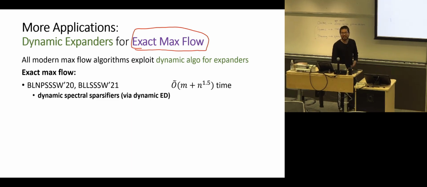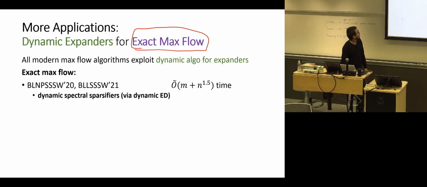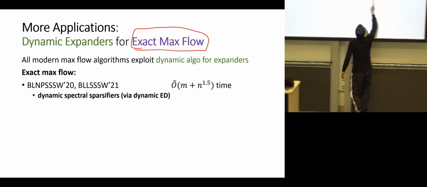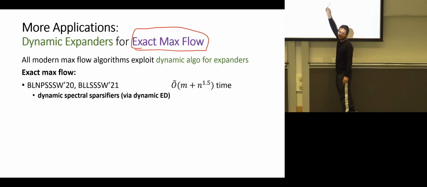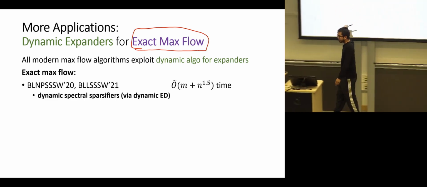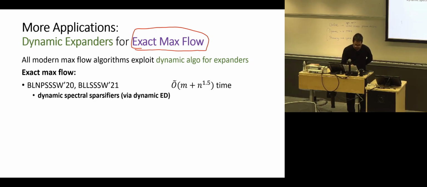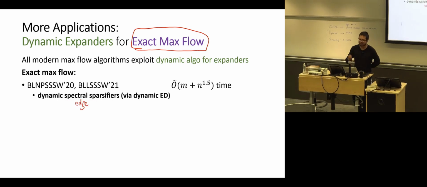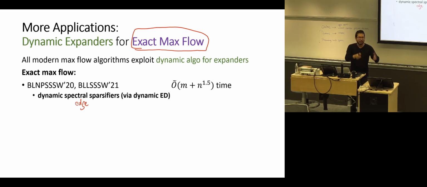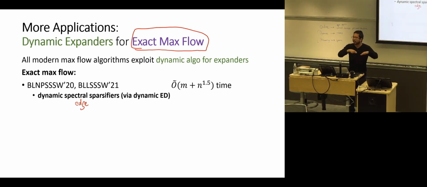Before we knew an almost linear time algorithm for max flow, there was this work that gives you near linear time when the graph is dense enough. But what it uses is some kind of dynamic sparsifier. This is basically the edge sparsifier that you learn in this class when you compute repeated expander decomposition and sparsify each expander.